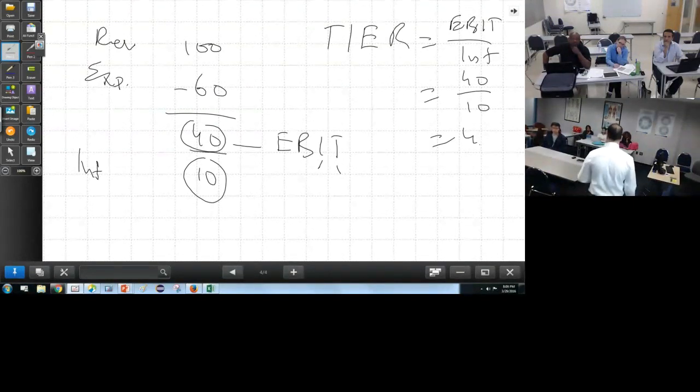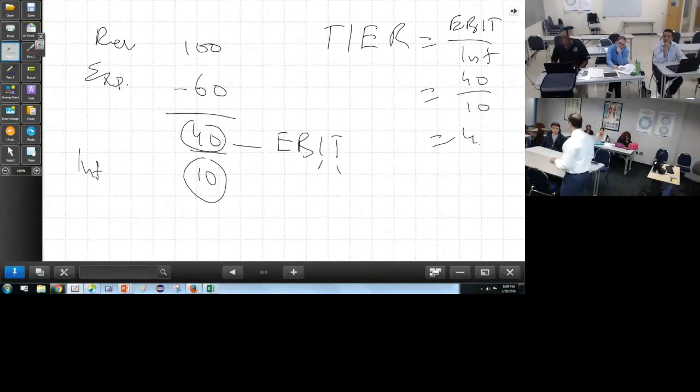Now, what does this 4 mean? This 4 means that the company has interest expense, and that interest expense has to be paid in any case. Whether the company is making any profits or not, interest expense has to be paid. And what we want to know is that the company has earned enough money, in this case 4 times larger than the interest expense.